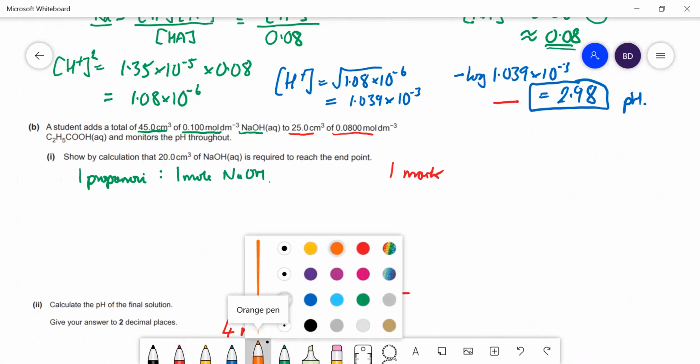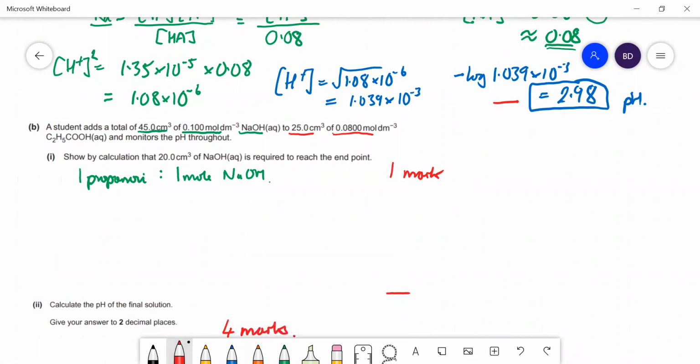So first of all, let's do moles of propanoic acid in the flask, which is concentration times the volume. The concentration is 0.08. The volume, we had 25 centimeters cubed, so in dm3, that's 25 over 1,000.